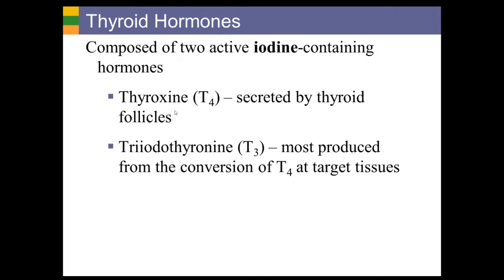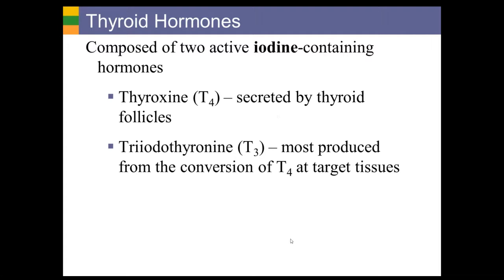T4 is thyroxine or tetraiodothyronine, and T3 is triiodothyronine. Now, why do we call them T4 and T3? Well, it's because a molecule of T4 contains 4 atoms of iodine, and a molecule of T3 contains 3 atoms of iodine.